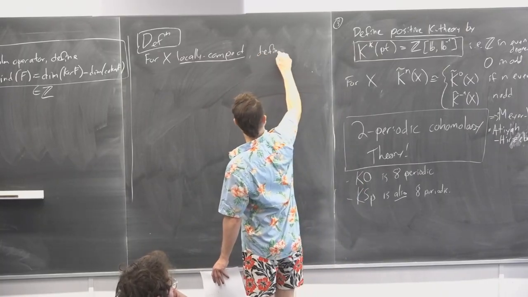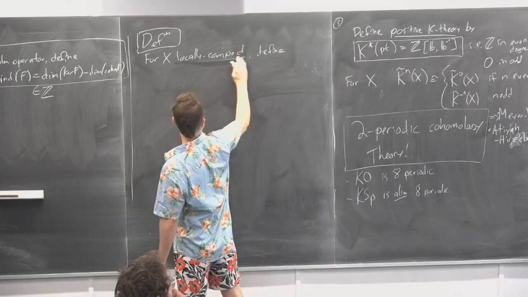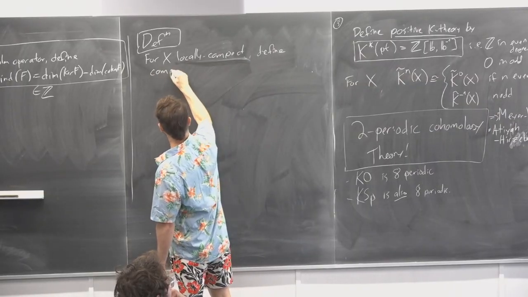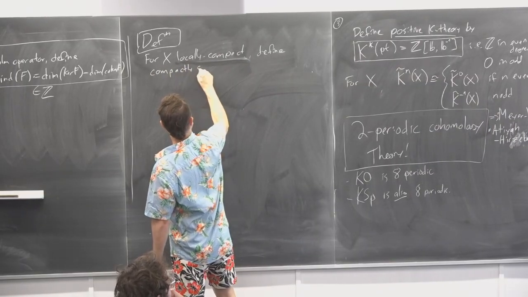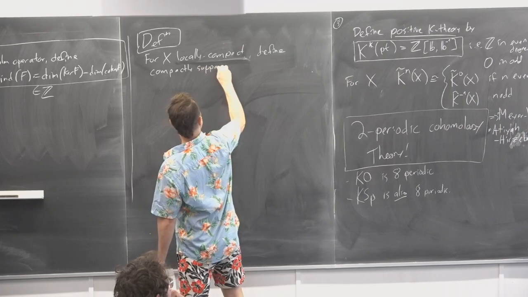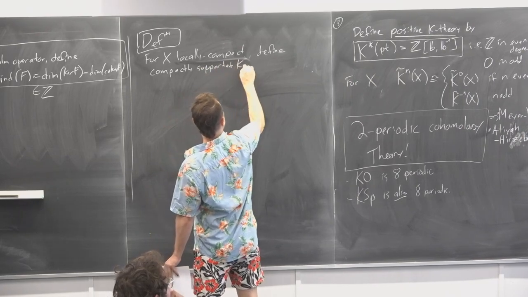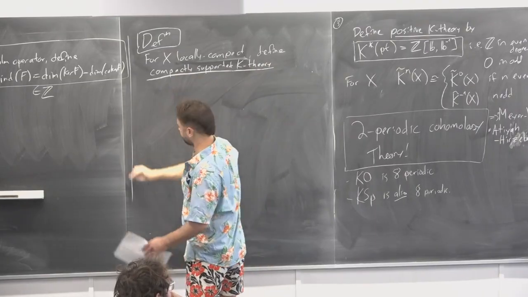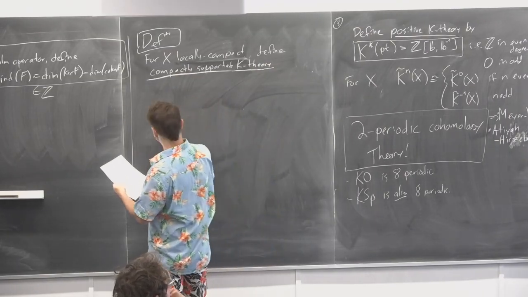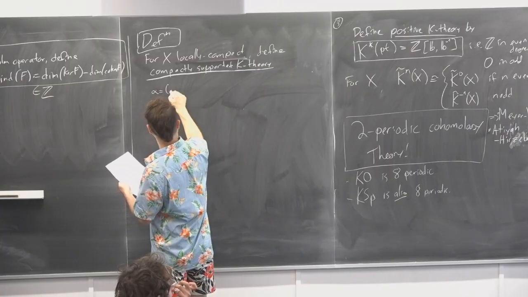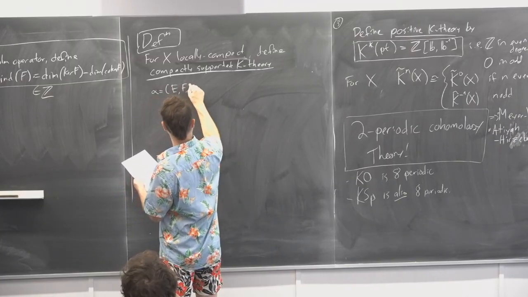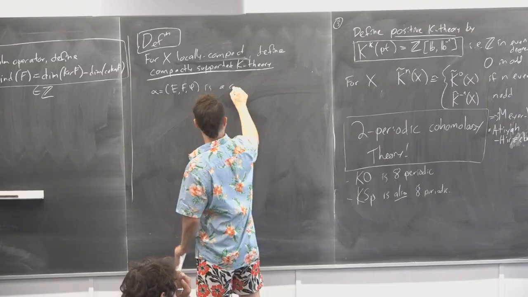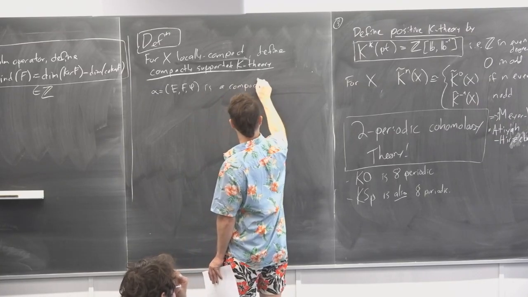Define compactly supported K-theory. This is going to be very analogous to how we define relative K-theory. You take alpha, (E, F, phi), a compactly supported cycle.